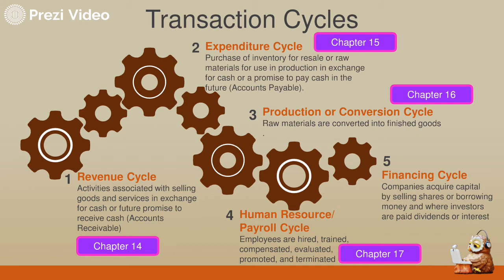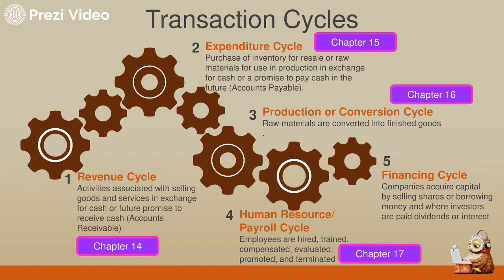Then production involves activities converting raw materials into finished goods. Then financing: these are activities related to companies acquiring capital by selling shares or borrowing money. And then the last is human resource, or payroll.